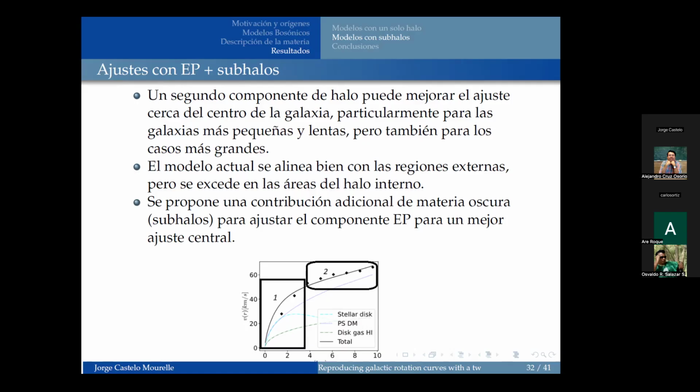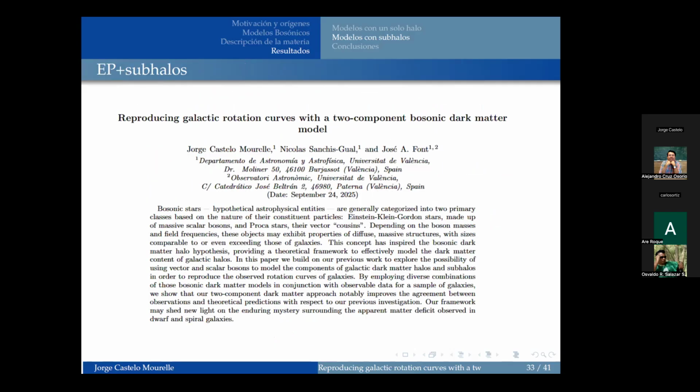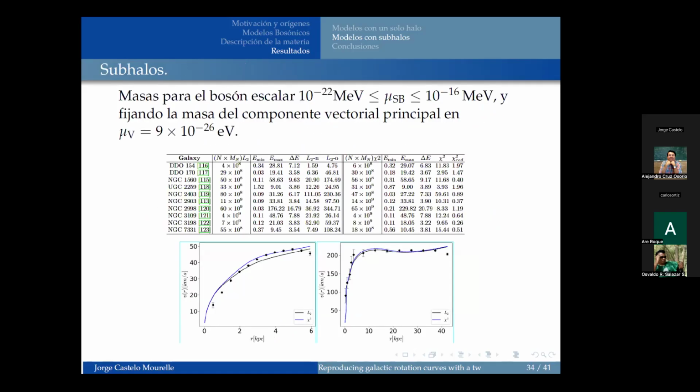So this comes to the second work, which is from September this year. What we did here was fix the mass for the boson and add some subhalos. Here, what we found is that the number of subhalos times the mass, the total mass, is going to be the parameter that allows us to fit the total curve.